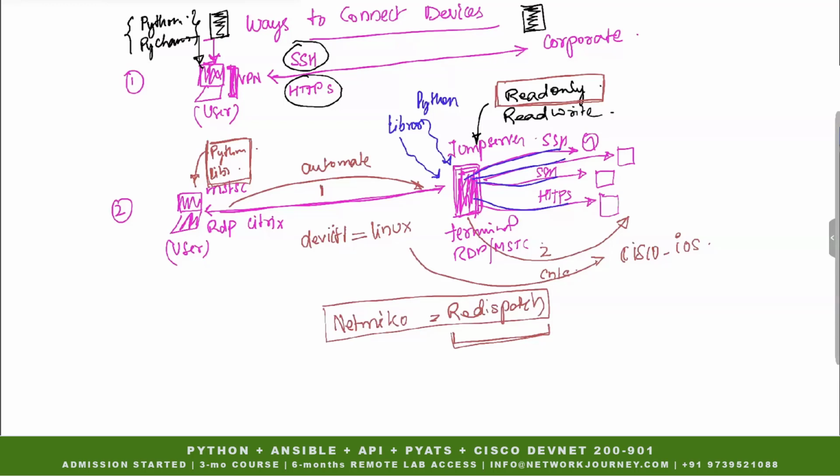So which method are you using to connect to your devices, SSH or HTTP, or the second method? In the second method, SSH most of the time. Okay, so you connect to the jump server, and from the jump server you do the SSH. Correct. Do you have a read and write option on the jump server, or read only? It's read only.